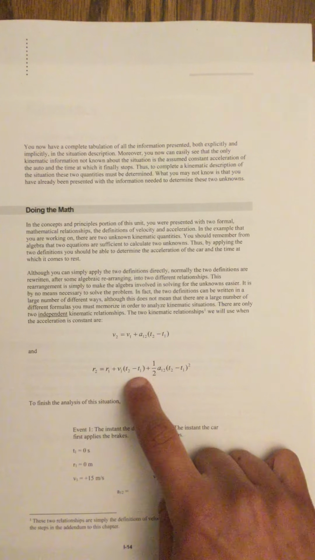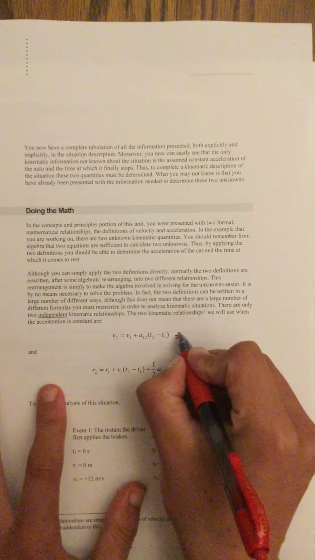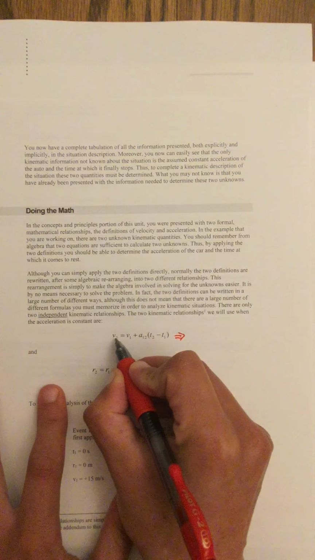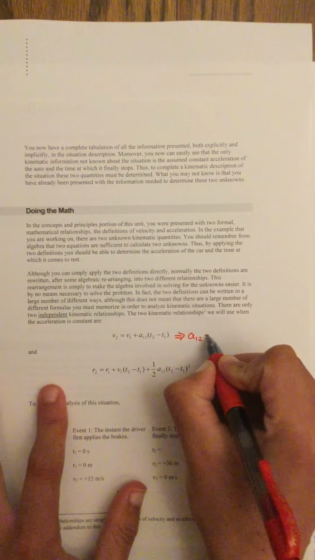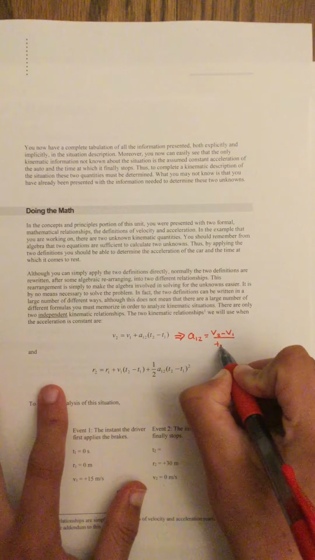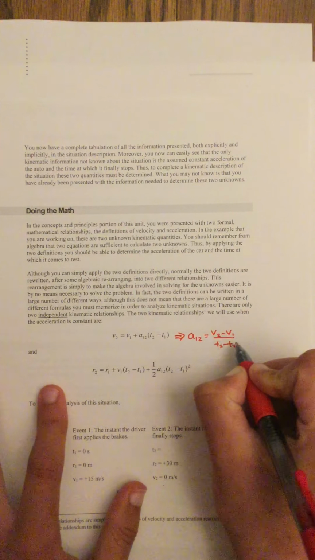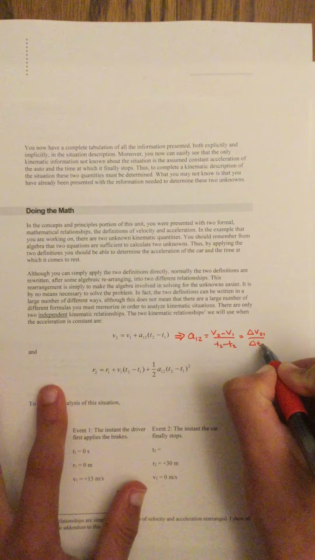You can use these because they're in the book, but I'm going to be using the slope and the area instead. This one, if you rewrite it and bring the velocity over to this side and then divide by t2 minus t1, that is just the slope. The acceleration is equal to the change in velocity over the change in time.